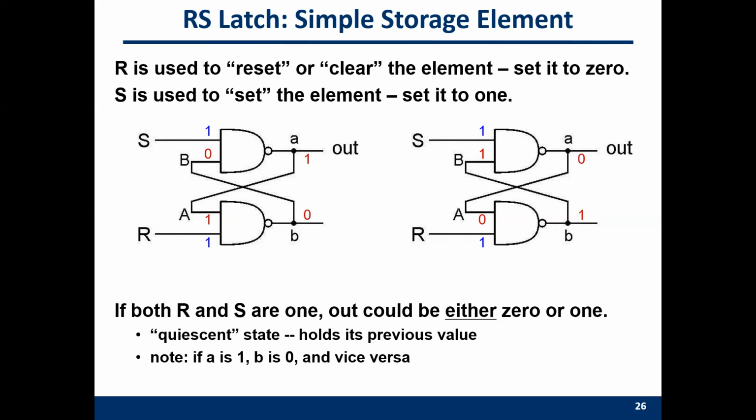The R is used to reset or clear the element. Reset means you just put a zero into the output. And S indicates you set the element, which means you write a 1 to the output. So if both R and S are 1, then the output can be either 0 or 1. So let's see that.